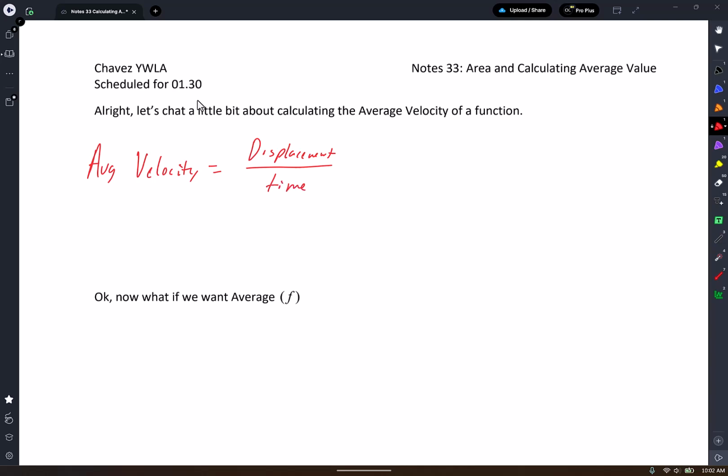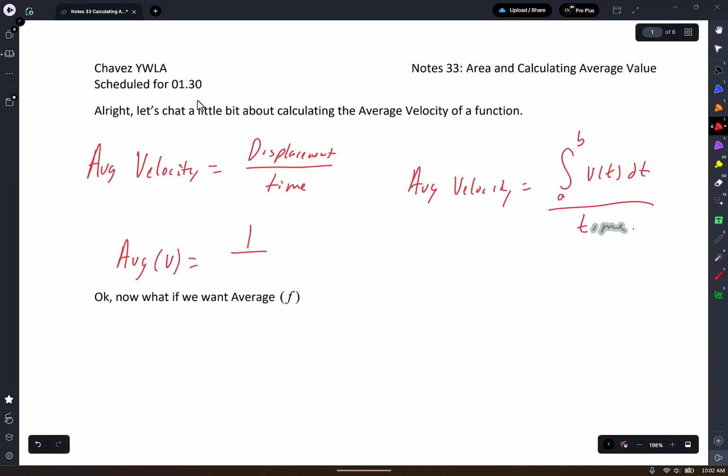Do you guys remember that? Okay. So in calculus, how does that look? Average velocity equals, and it looks like this. How do I get displacement? Integral from a to b of v of t dt divided by time. And usually we make it look like this because it looks prettier. Average v equals 1 over, oh, by the way, the change in time is b minus a, right?